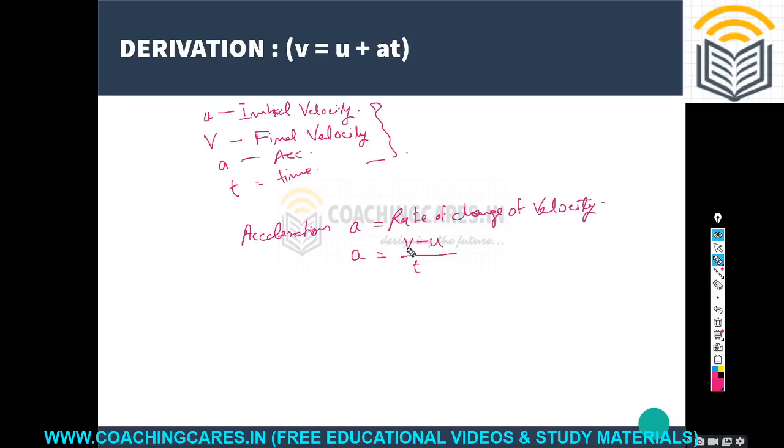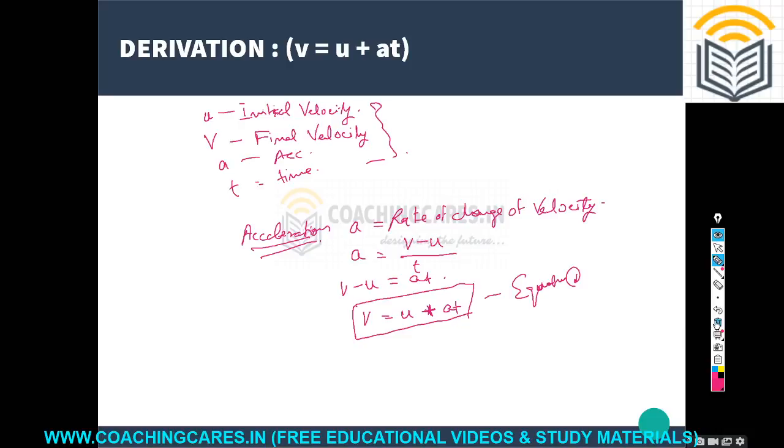So a is equal to v minus u by t, or we can write v minus u is equal to at, or v is equal to u plus at. This is the final equation, and this is how we derived it from the acceleration formula. This is equation number 1.